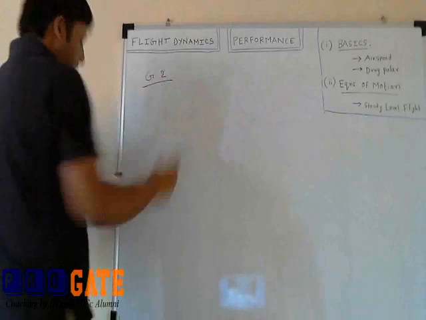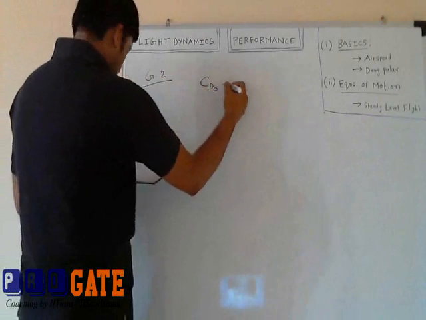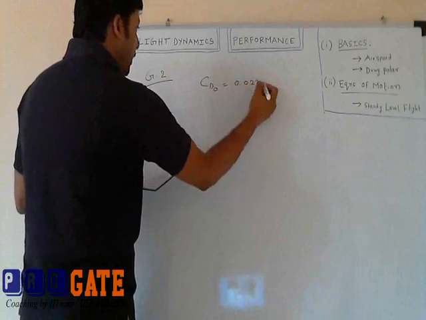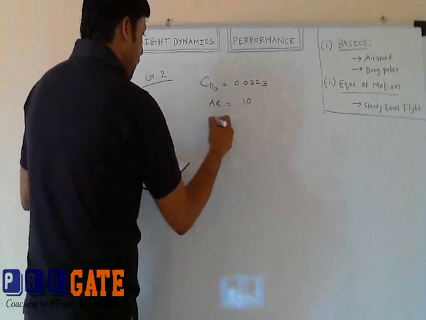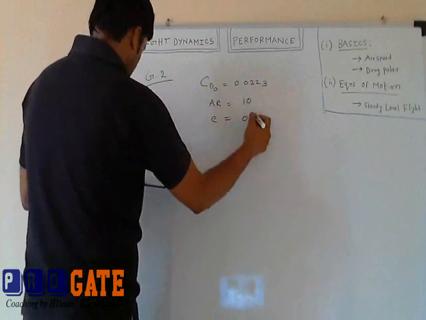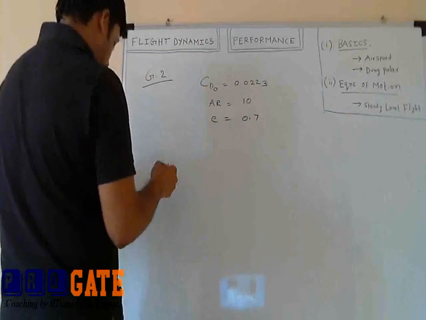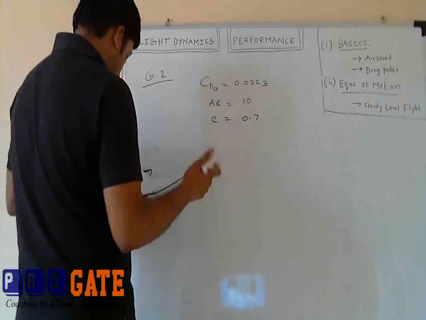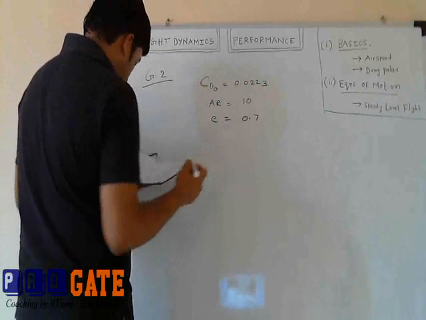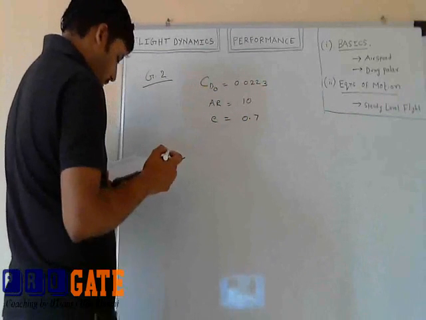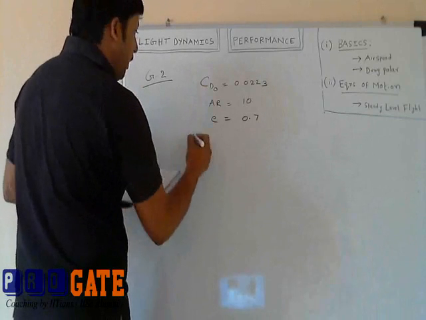The next question, they have given this data: CD naught is 0.0223, aspect ratio is 10, Oswald efficiency factor is 0.7. Need to obtain what is the CL.